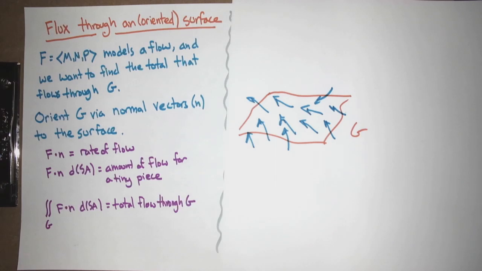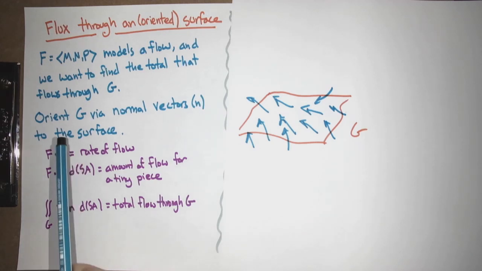To answer this question, we need to decide on an orientation for our surface. We want to flow from one side to the other, so we need to have one side designated the top.